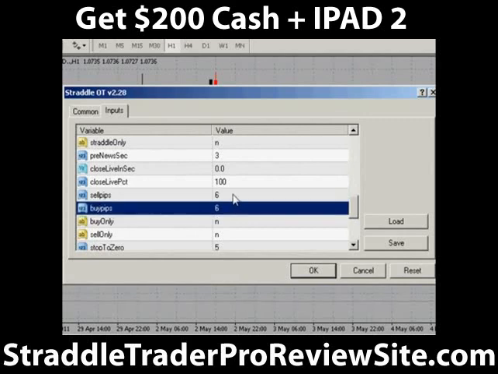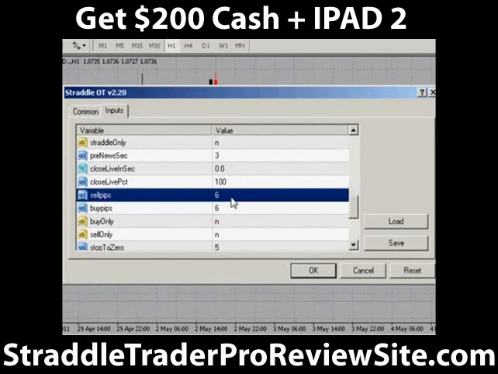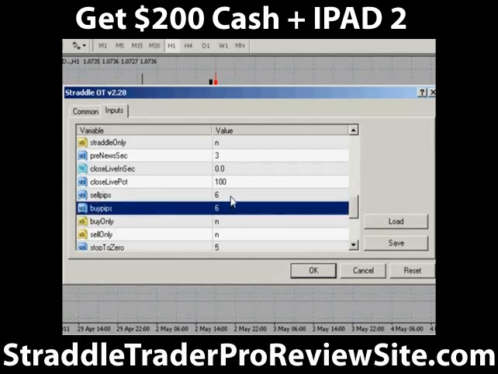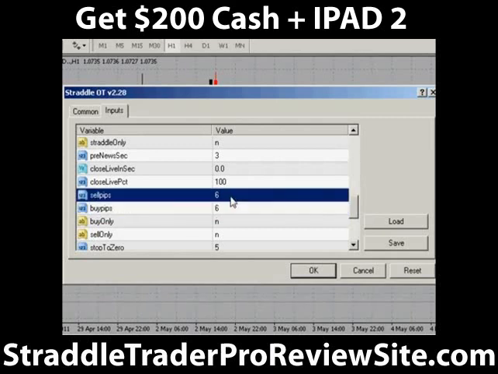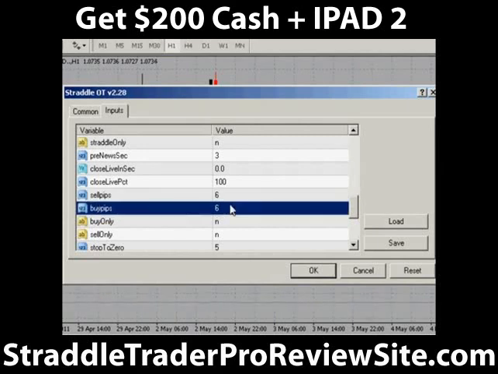And then the last thing I want to talk about here is the sell pips and buy pips. This is also something that's very important. The sell pips and buy pips are the number of pips away from the current price that the straddle is going to enter the sell stop and the buy stop order.